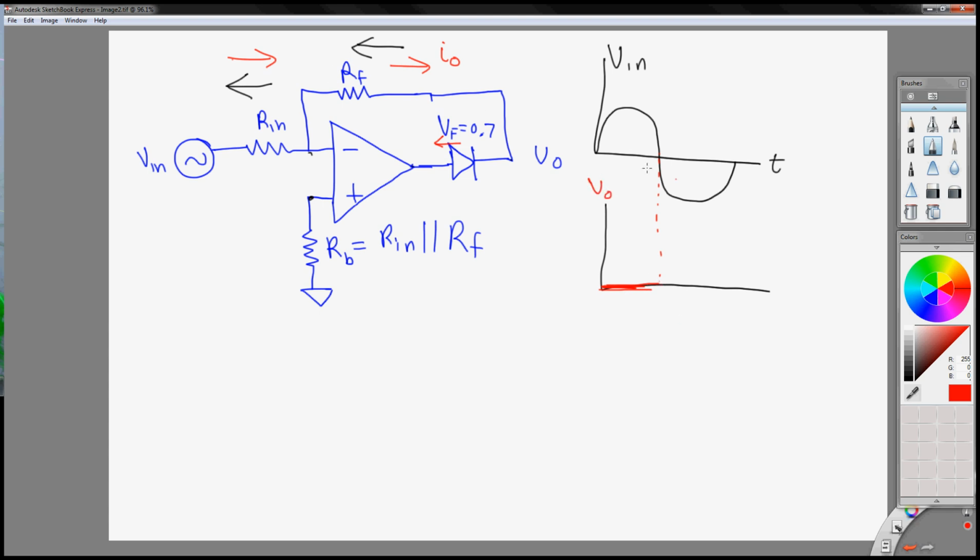And during the negative cycle of the input, you have current flowing the other way like this. So it's forward bias, so your Vout will be like this, and the gain is minus RF over Rn times Vn.